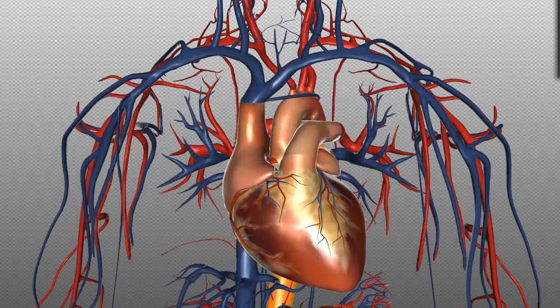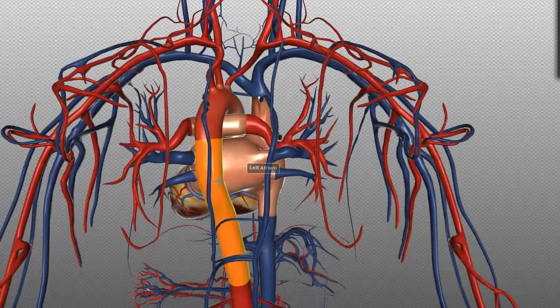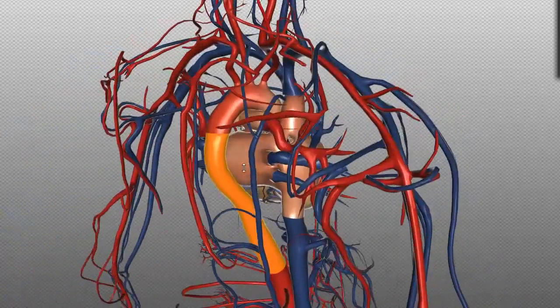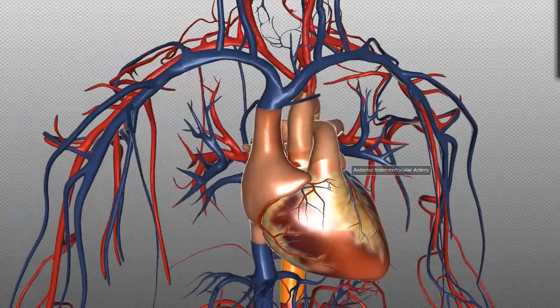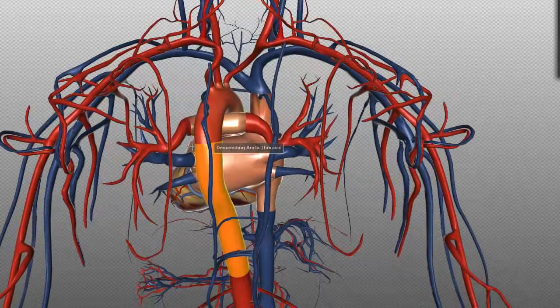So if I just rotate this model around so we can look at the back of the heart, you can see these 4 vessels entering into this chamber. So this is the left chamber of the heart, so it's the left atrium. So you've got the right atrium here and the left atrium here, and you've got these vessels which are leading into this chamber.